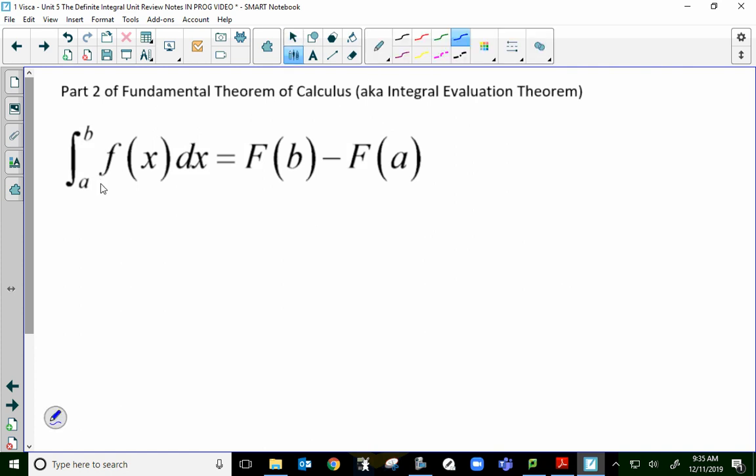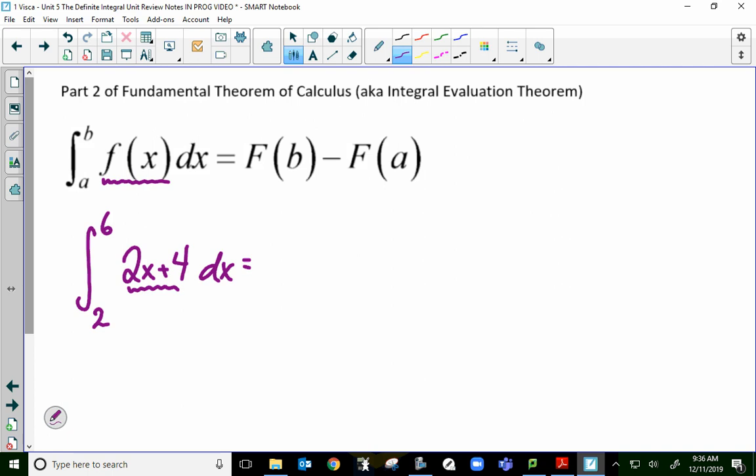Let's integrate from 2 to 6. Let's make it simple, just 2x plus 4 dx. My function is this right here.